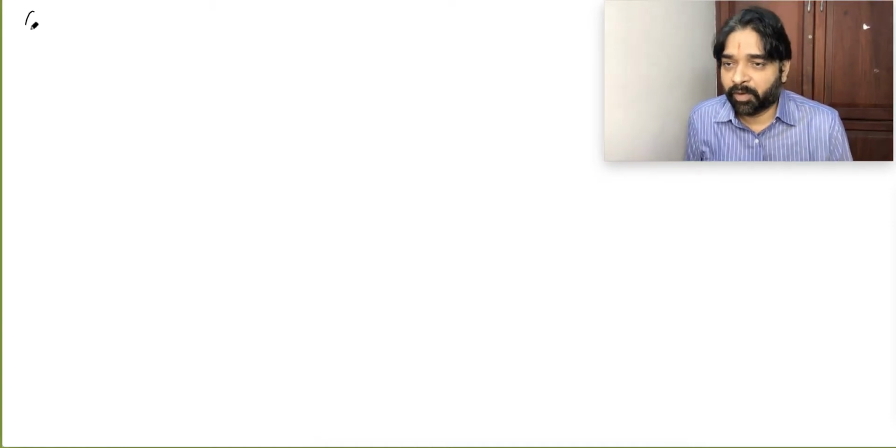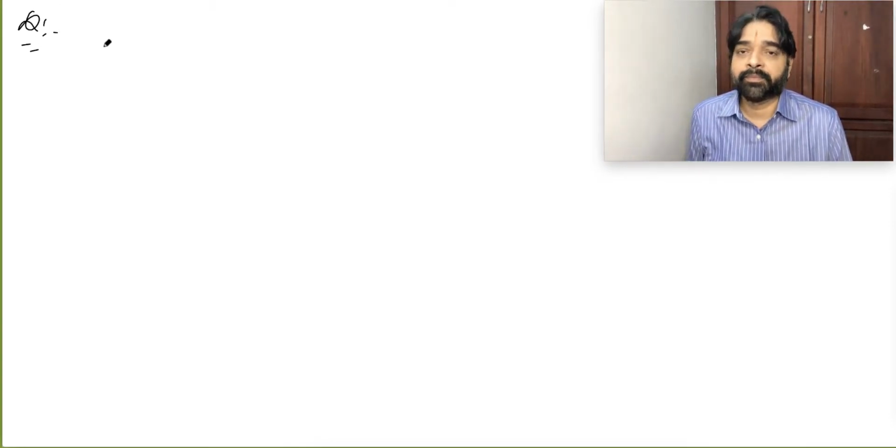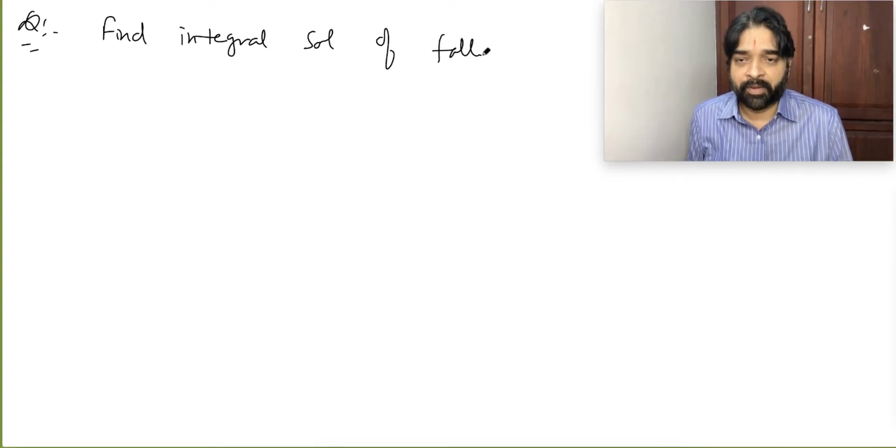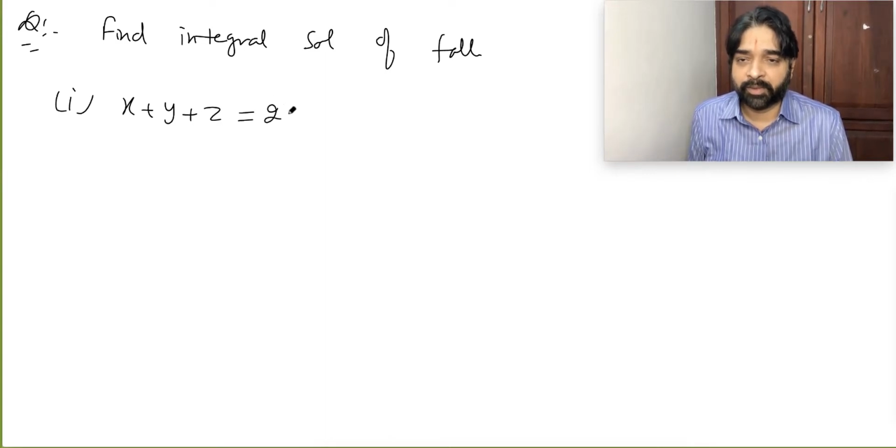Write some questions for homework. Simple questions. Find the integral solutions of the following. First, x plus y plus z is equal to 20 if x greater than or equal to 0, y greater than or equal to 1, z greater than or equal to 2.